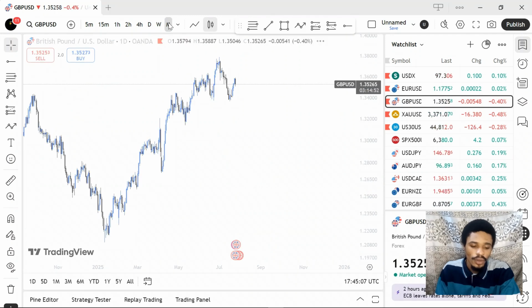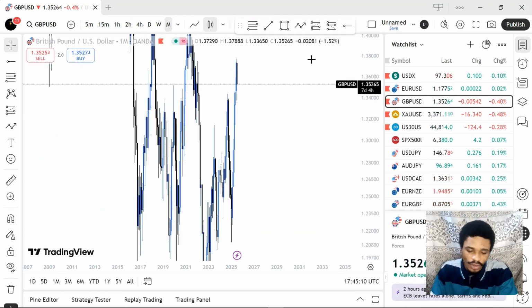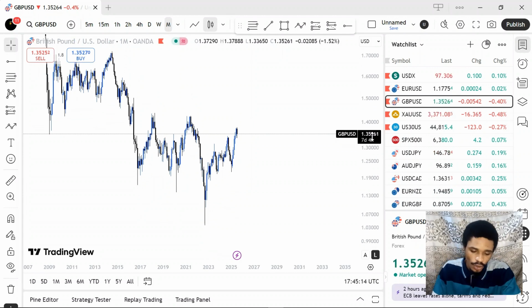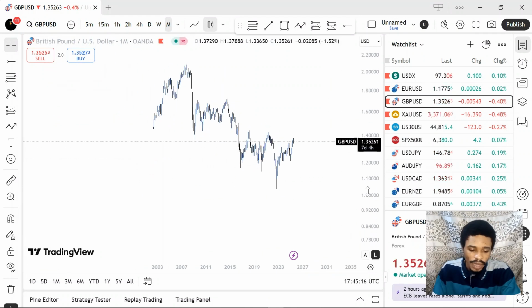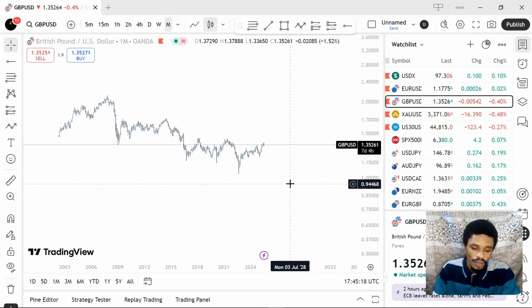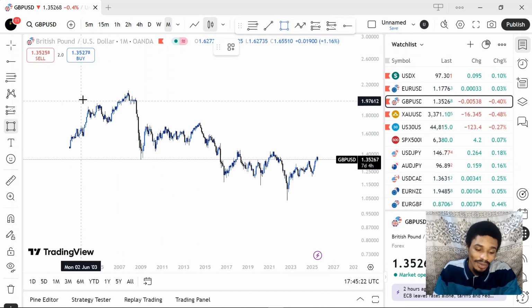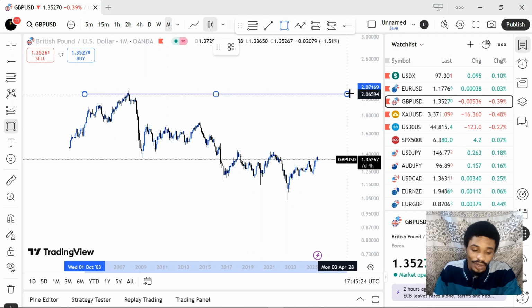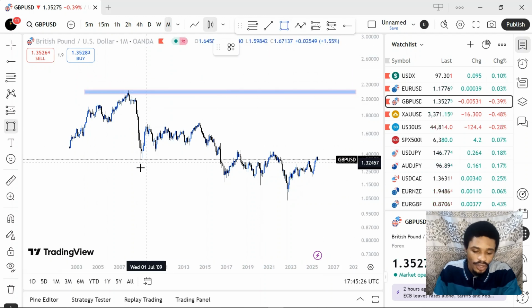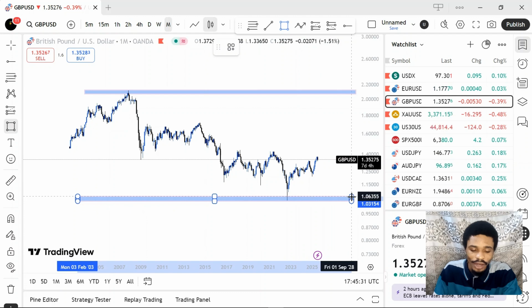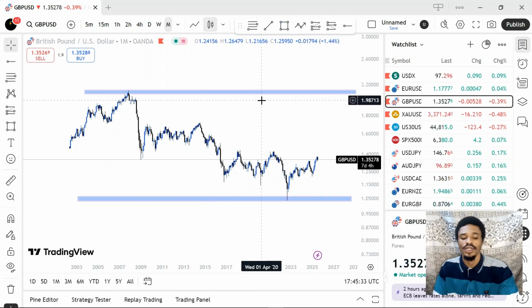All right. So monthly first, don't ever forget, because it shows you the overall direction of the market. So here, what do you do first? You actually just mark up. This is not very important, but it just gives you that important vibe when you know you have the overall support and resistance.